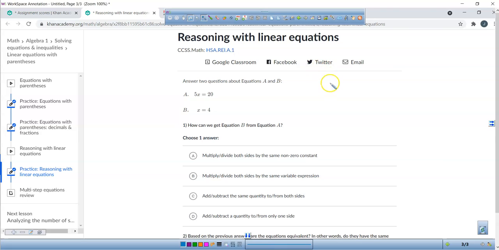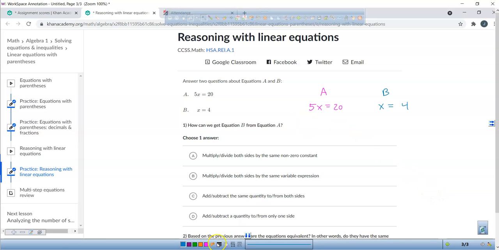All right, so here's equation A, and we're going to compare it to equation B. Equation A says 5x equals 20. Equation B says x equals 4.